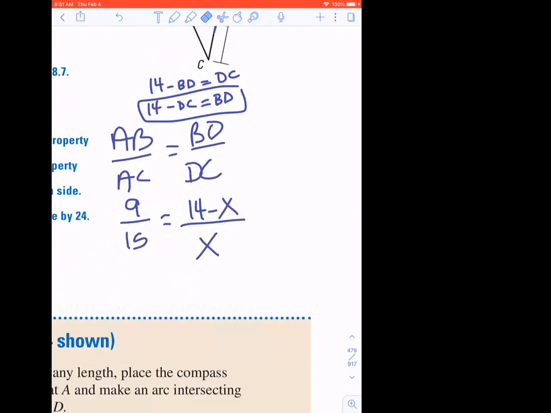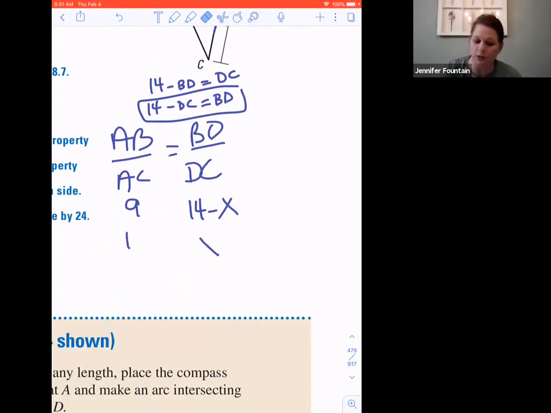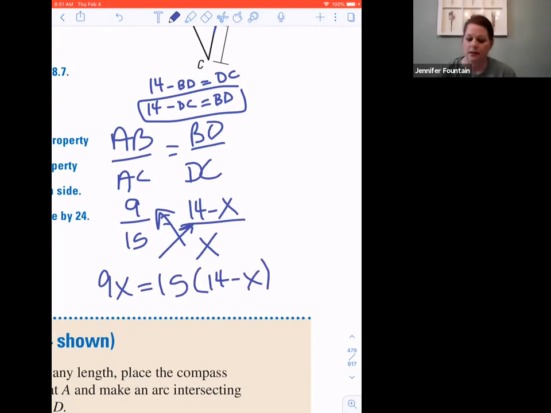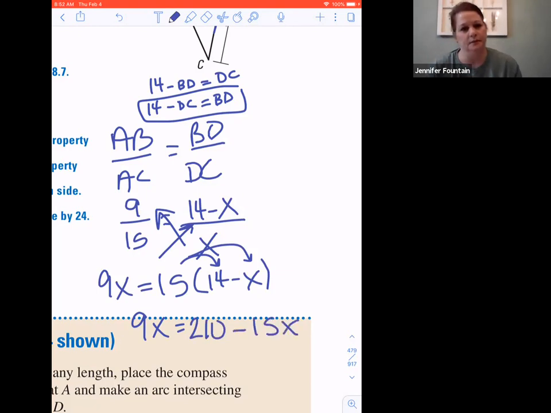I'm not trying to clear fractions, I'm doing proportions. So this time I have to cross multiply. I'm going to have 9X is equal to 15 times 14 minus X. So I'm going to distribute this 15: 9X is equal to 15 times 14, which is 210, minus 15X.